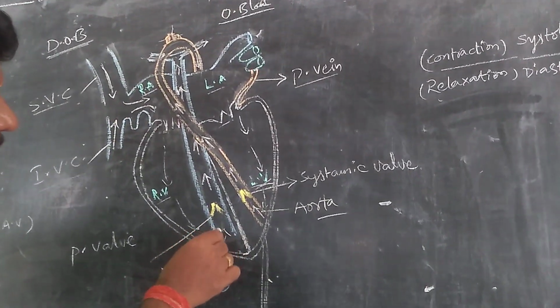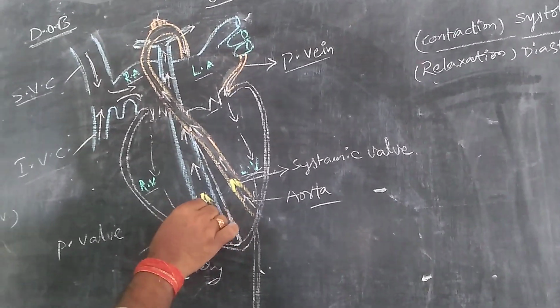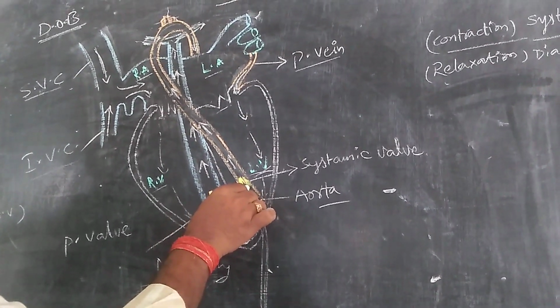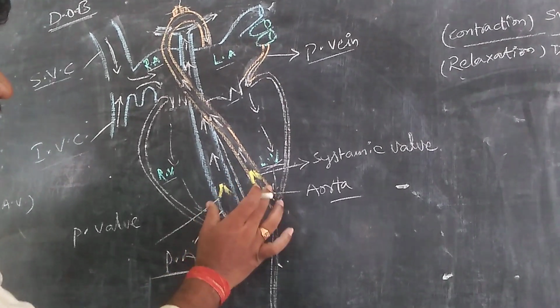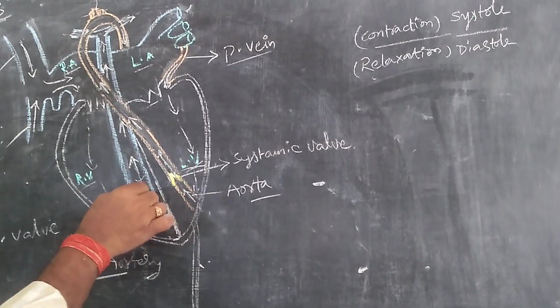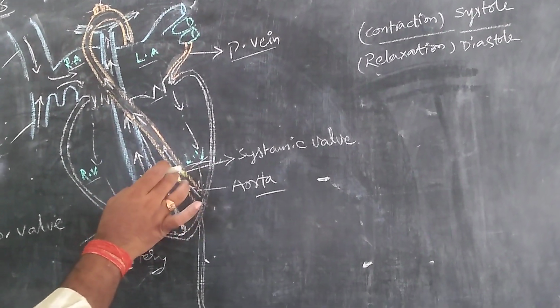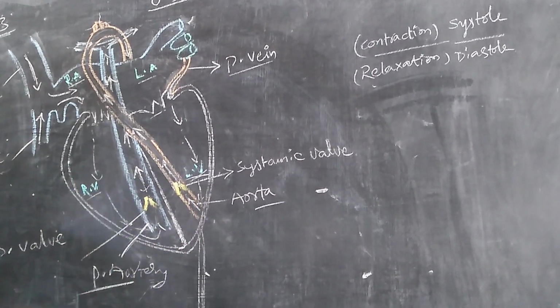Next, when the blood goes from the ventricles to the pulmonary artery and aorta, the ventricles come to a relaxed position. Now the blood tries to come back, but the valves are closed to prevent the blood from flowing backward. Then we hear the dull sound, dum.